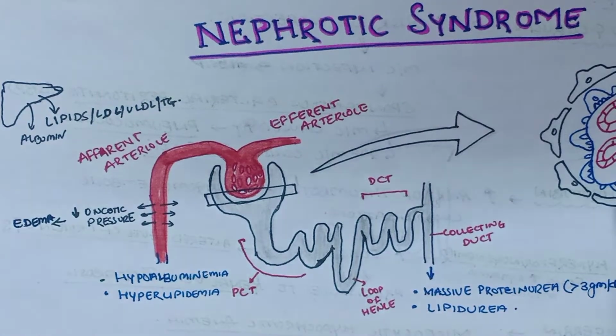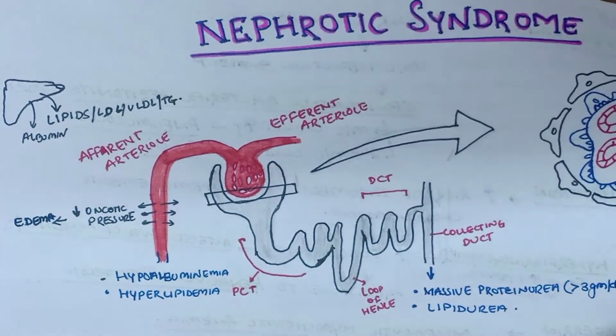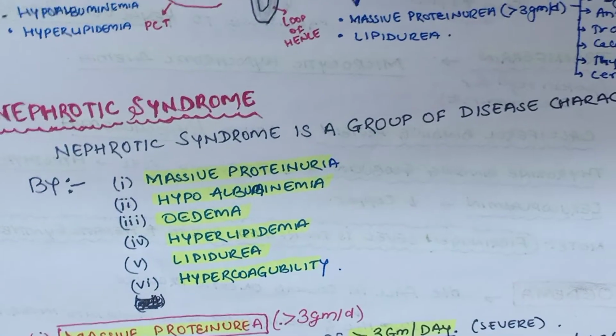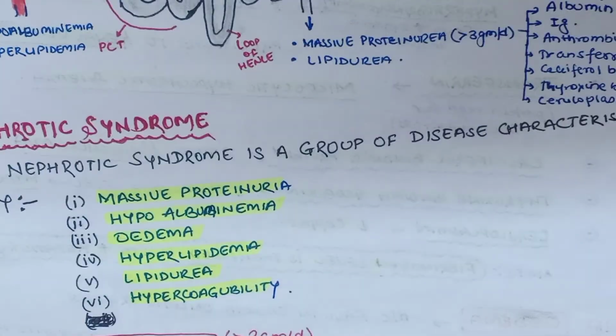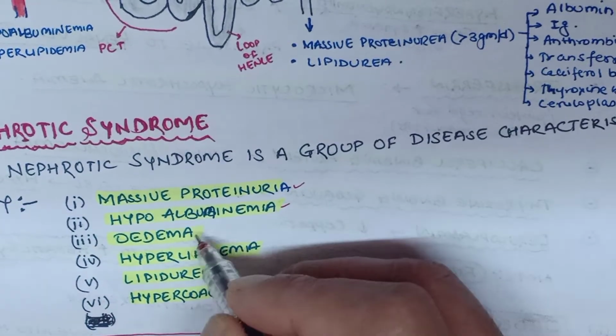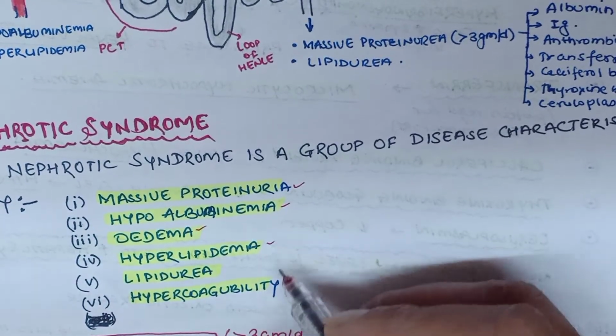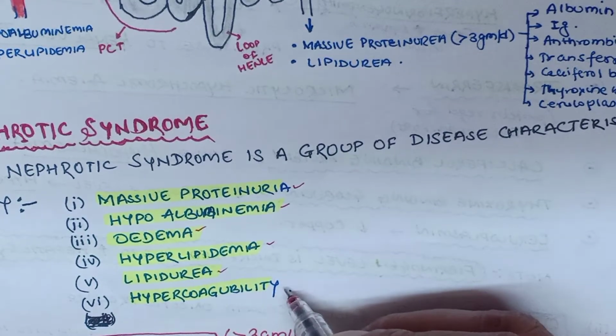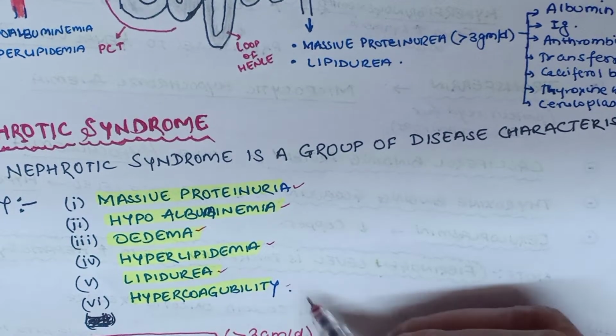Now we are going to talk about nephrotic syndrome. So what is nephrotic syndrome? Nephrotic syndrome is a group of diseases characterized by massive proteinuria, hypoalbuminemia, edema, hyperlipidemia, lipiduria, and hypercoagulability.